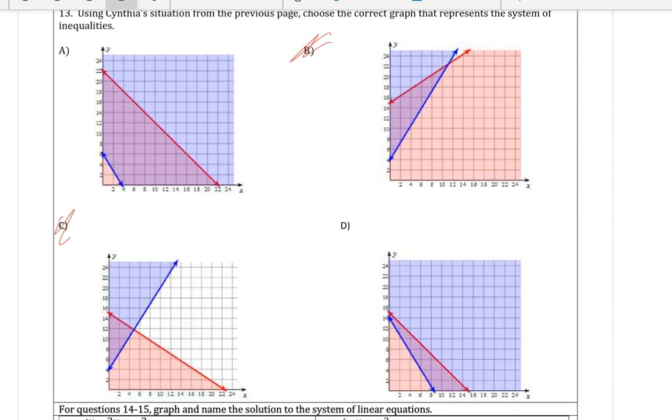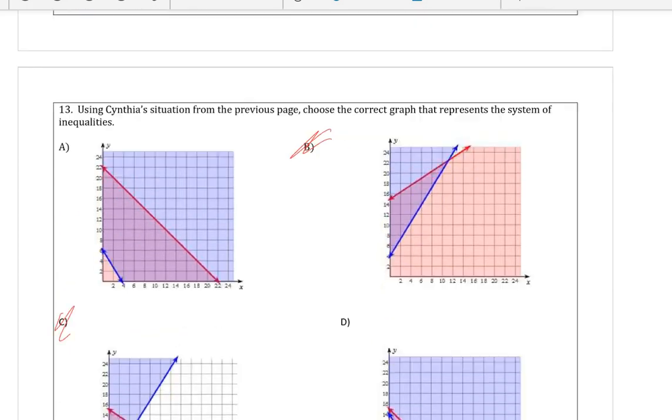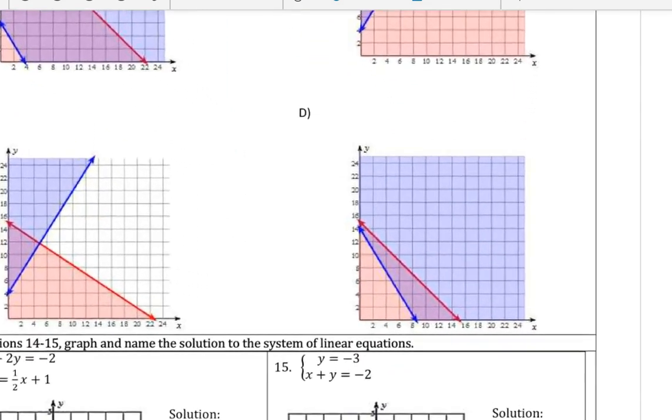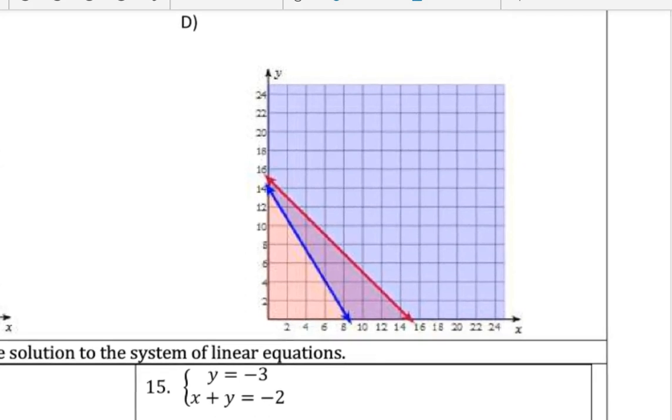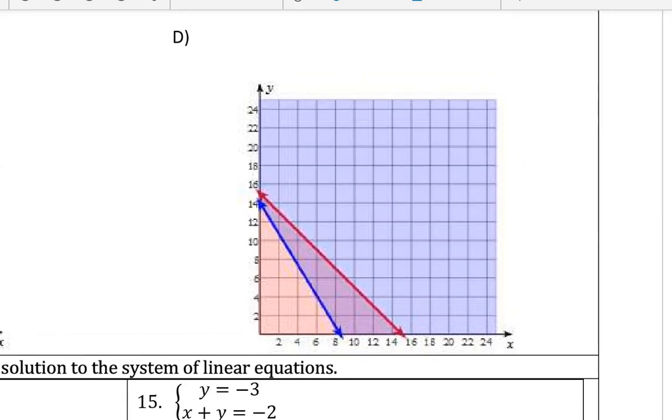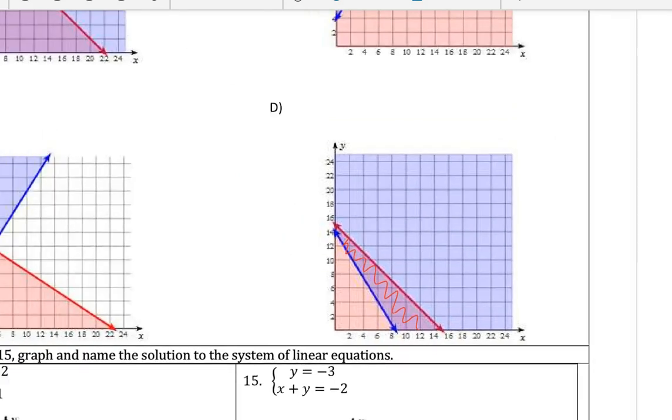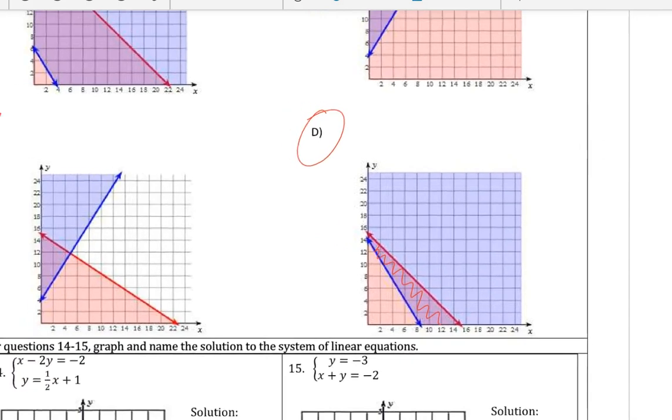And then looking at the intercepts for that x plus y is less than or equal to 15 equation, we're looking here at choice B. So we would shade below the red, saying that we need no more than 15 hours. We want to make at least 70, so the blue line will be shaded above. So this is that region here where we're shaded on both. So our choice is choice D.